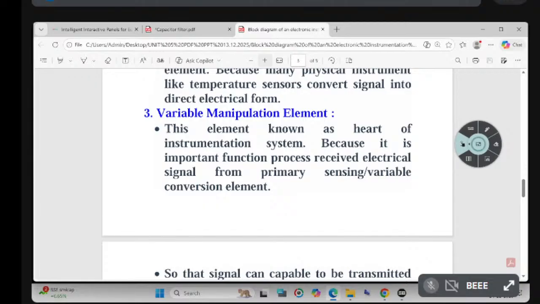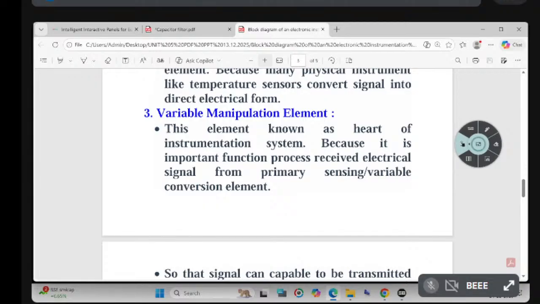So here we do the manipulation. The data comes from the variable conversion element.